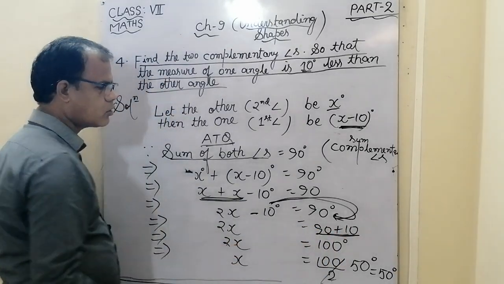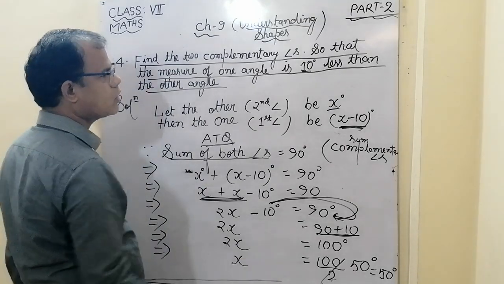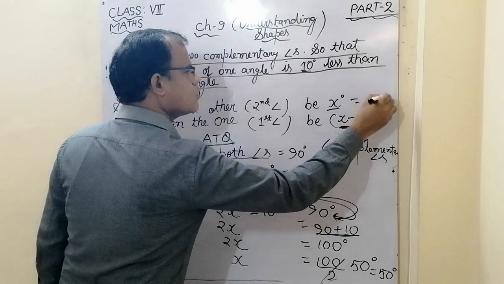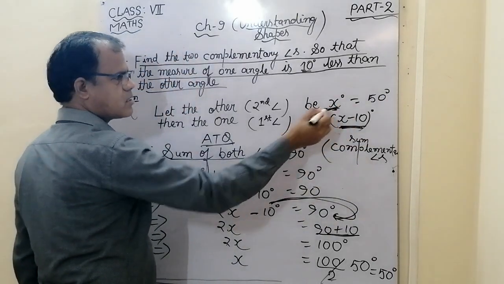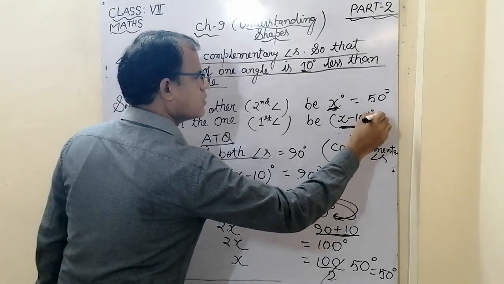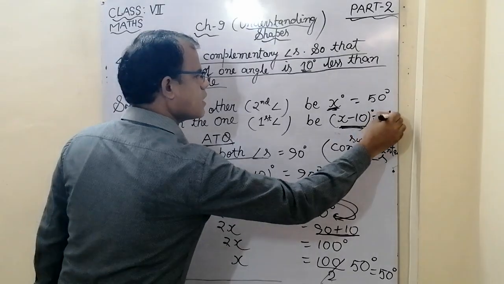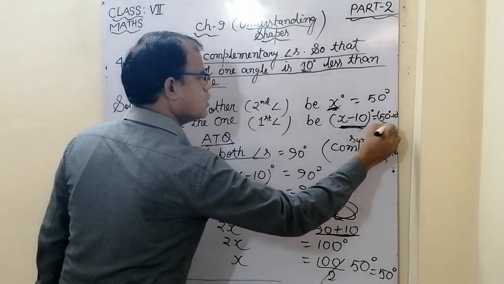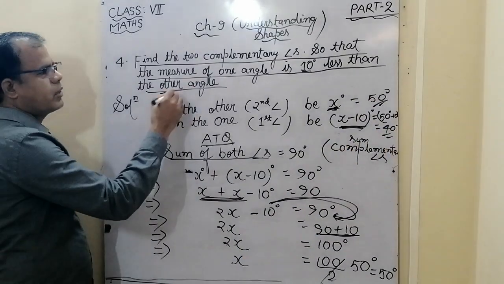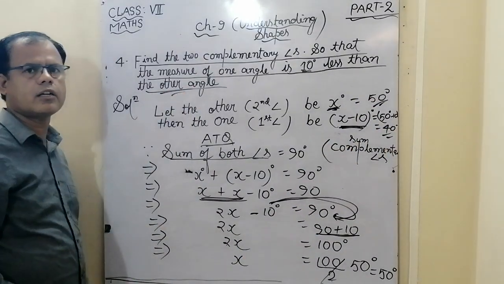So 2x equal to 100 degree, so x equal to 50 degree. So the first angle is 50 degree because this is x degree, and the other angle is x minus 10, it means 50 minus 10, that is 40 degree. So 50 degree and 40 degree are the measures of those angles.